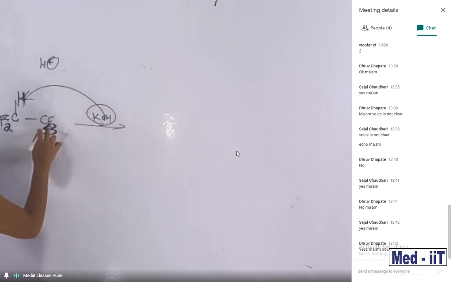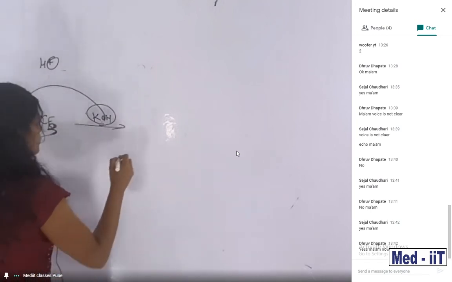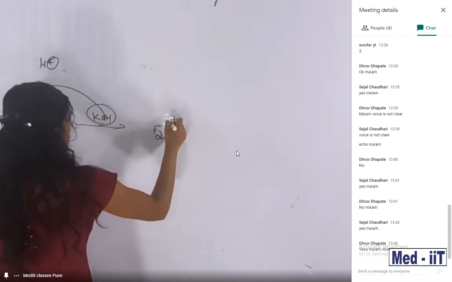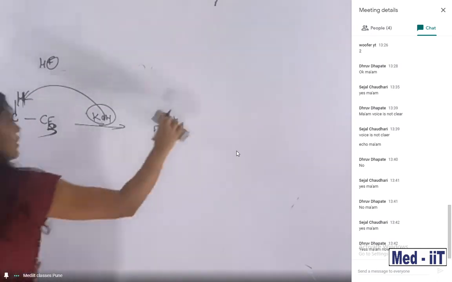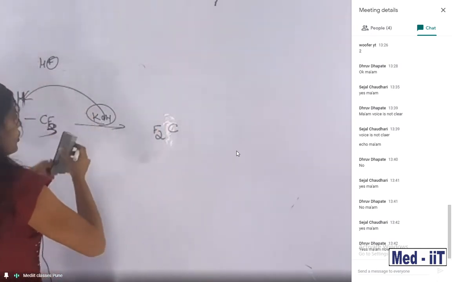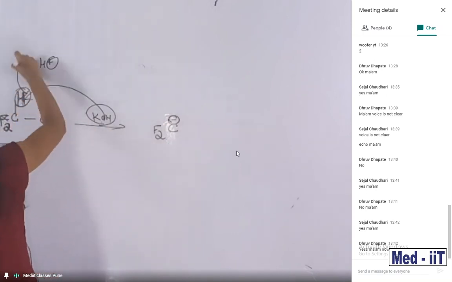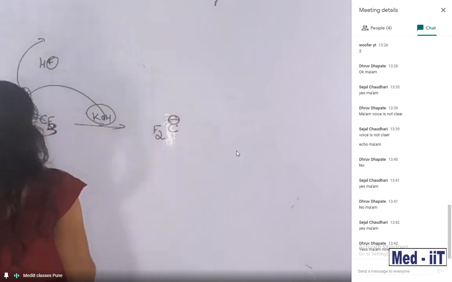So we will get what? This proton is going to be removed. So it becomes CF2 with a minus charge, students. Only the proton is removed. The bond is there, so a negative charge. This much hydrogen is removed. That bond is represented by a negative charge.